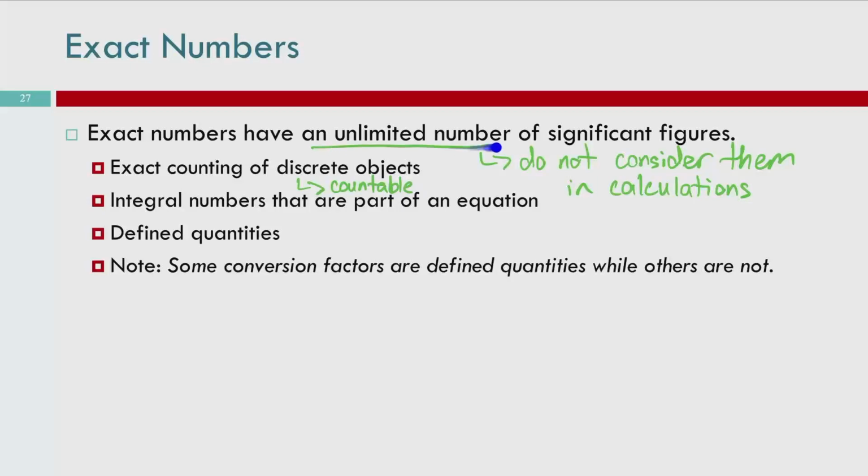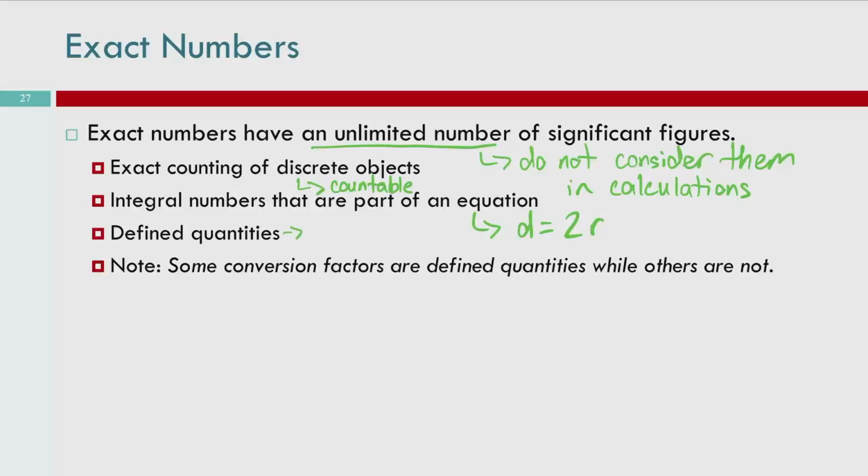Those are going to have an unlimited number of significant figures because there's no uncertainty about the number that we have. We also have integral numbers that are part of an equation, like diameter equals 2 radius. That 2 is an integral part of that equation, and so that's also not going to limit our number of significant figures.